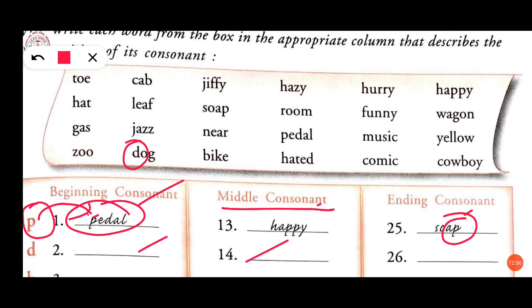And in 14 number, that is for middle consonant, we have to see that which one in middle consonant should be D. So we have pedal, that is P-E-D-A-L, pedal. And last one, that is ending consonant, we should say hated. Where is hated? Here.